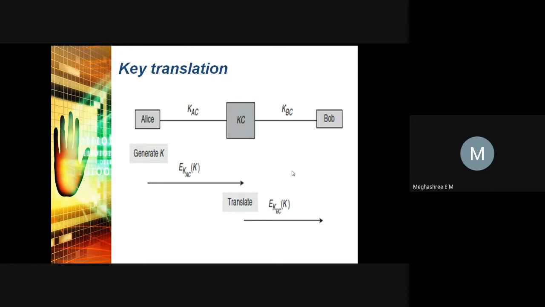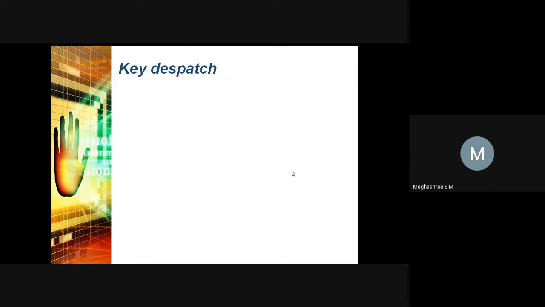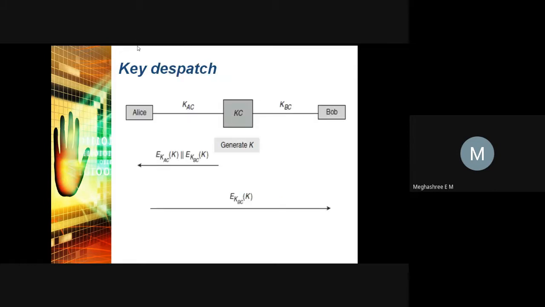This is key translation. The next method is key dispatch. In this method, again, Alice and Bob are involved in the communication, as explained in the scenario in the previous slide. Here, the first action starts at KC.